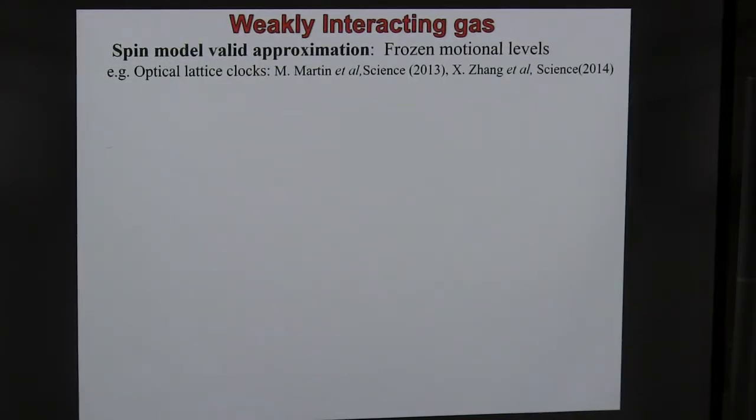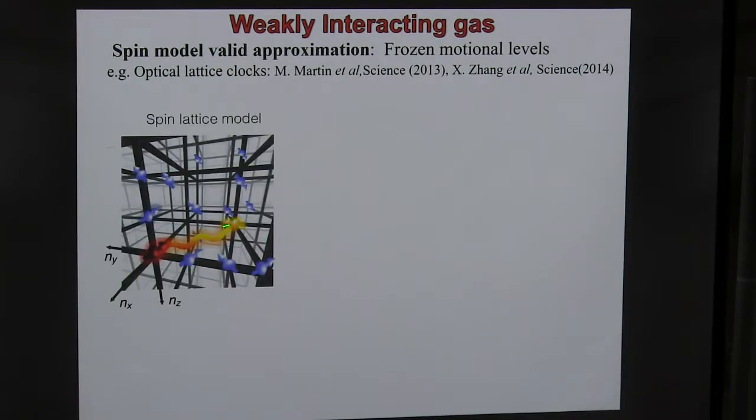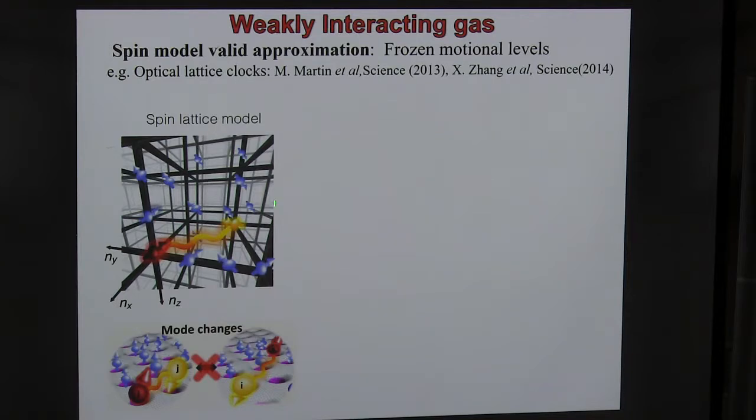Now, let's go to the weakly interacting regime. We are going to operate at a very small scattering length, where the single particle harmonic oscillator modes are good eigenstates of the system, because the interaction energy is so weak that it's energetically suppressed. It's very costly to make the atoms change harmonic oscillator modes.